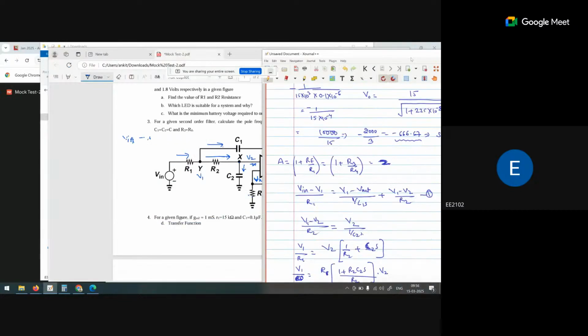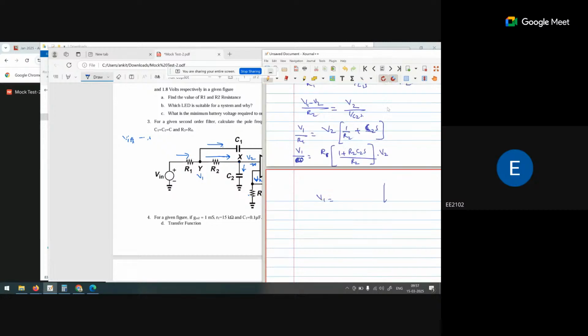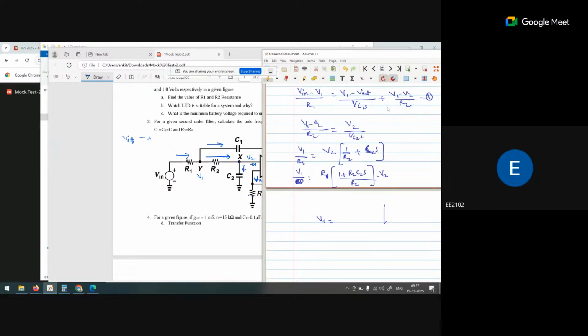So we are getting V1 is equal to R1 by R2 times 1 plus R2 C2s times V out by 2.